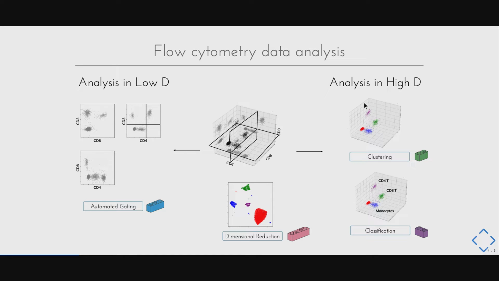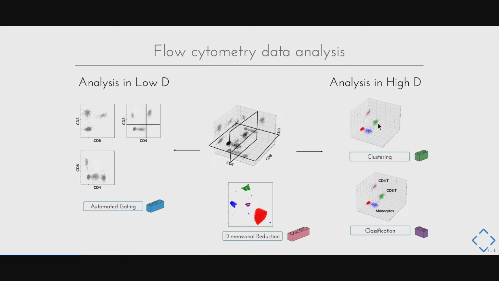This approach was initially applied to CyTOF data. Performing gating or selecting a cell population in high dimensional space is almost impossible. Just imagine you try to gate and select a cluster in a 3D space. So for this type of approach, we rely on algorithms such as clustering or classification algorithms.